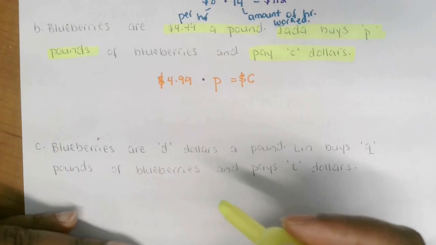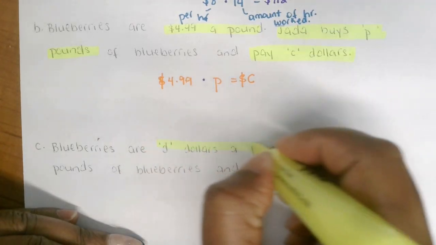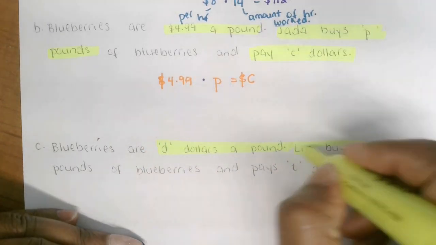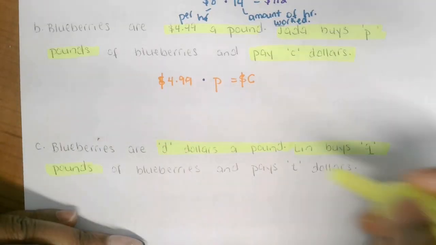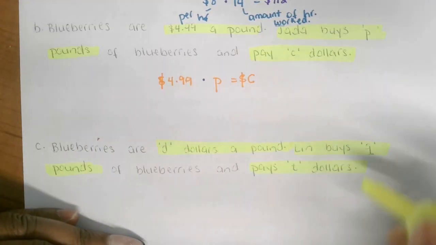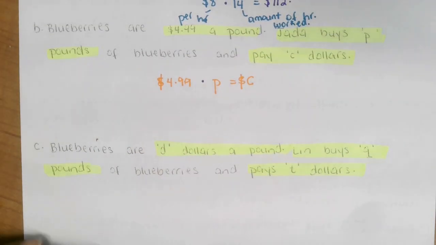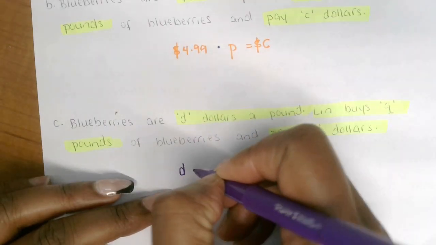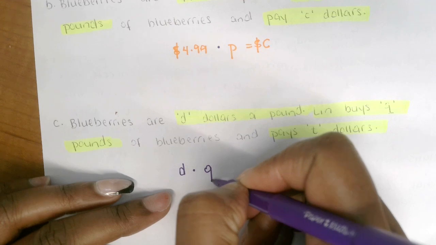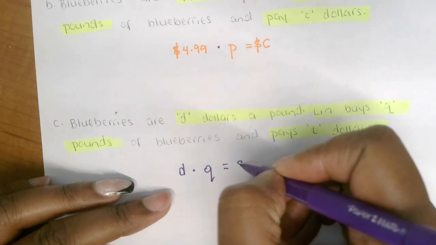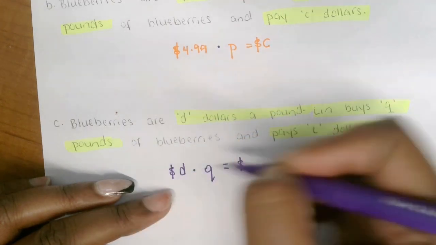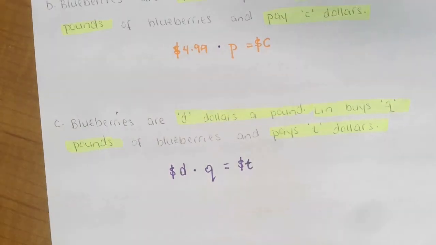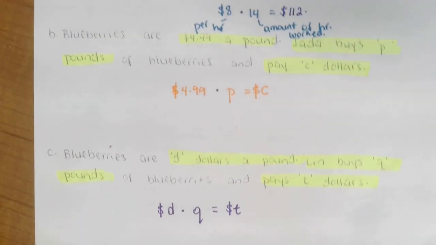For C, same idea again. Blueberries are D dollars a pound. Lynn buys Q pounds and pays T dollars. So we would say D times Q equals T dollars, and your answers should look something like this.